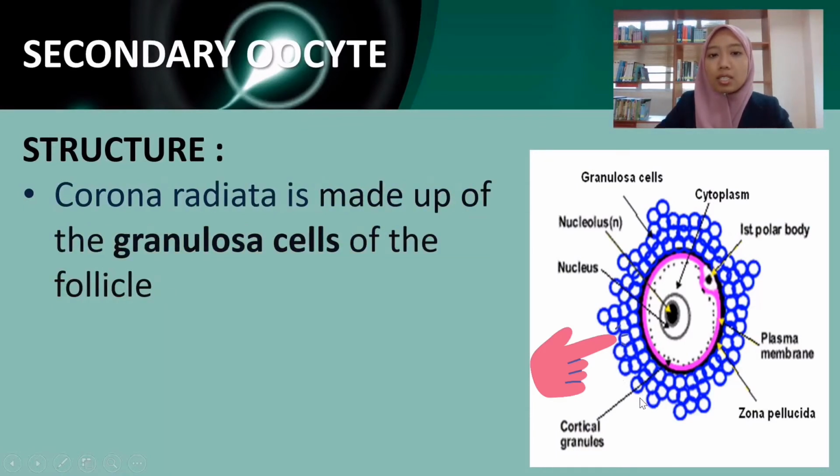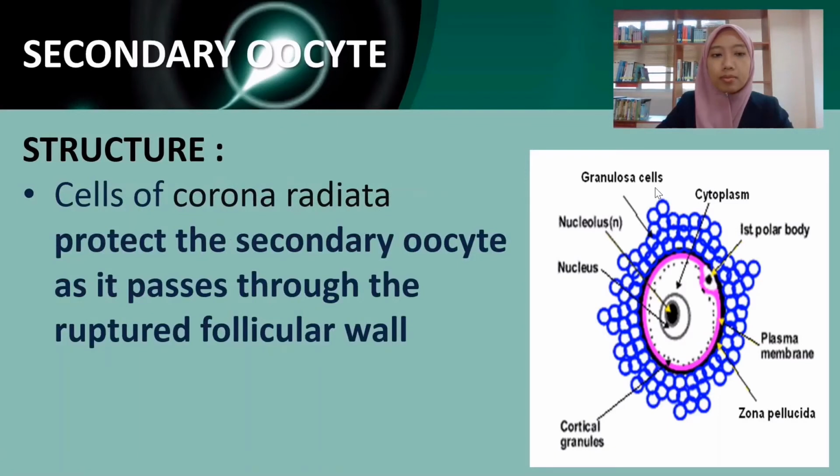Corona radiata is made up of granulosa cells of the follicles. What is the function of corona radiata? Corona radiata protects the secondary oocyte as it passes through the ruptured follicular wall.